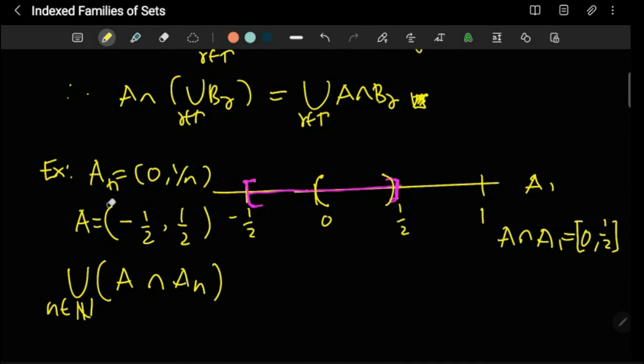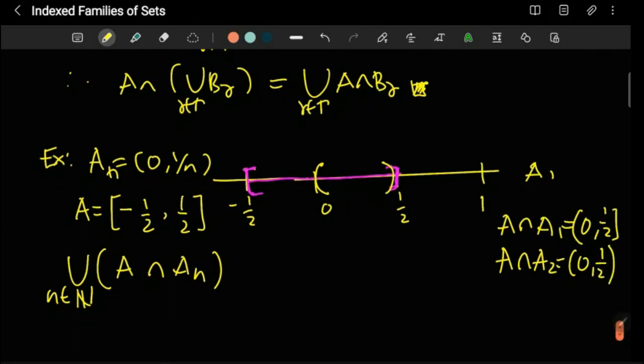So, the intersection of 0 to 1 half and negative 1 half to 1 half, of course, the result will be, 0 is not included in A1, so this should be not included. So, A intersection A2 is 0 up to 1 half as well, but this time it's not including 1 half.